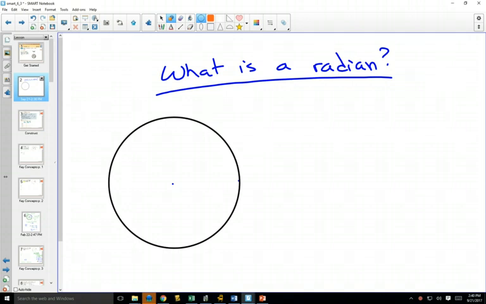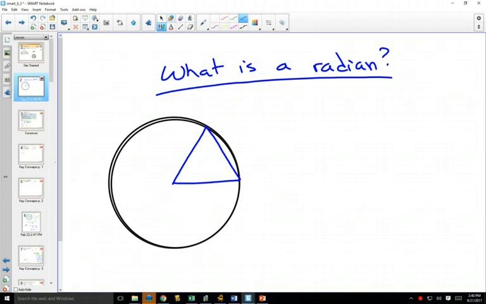It's a special one, not just because I made it. It's an equilateral triangle. So if I would draw that triangle on here, it would look like that, roughly. And all of those angles would be the same size, so they'd all be 60 degrees.